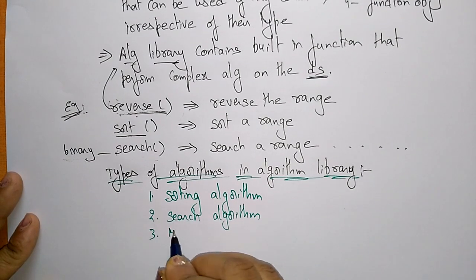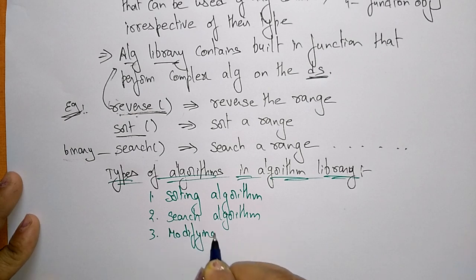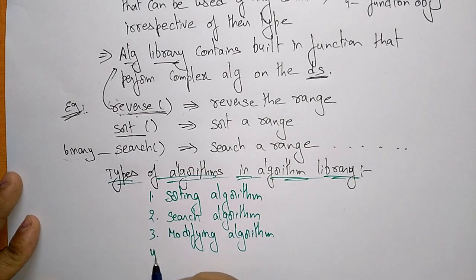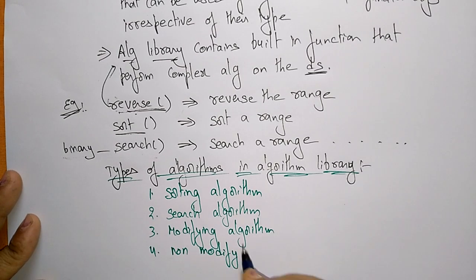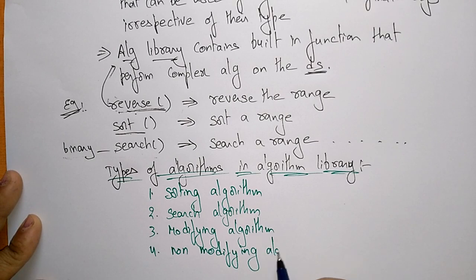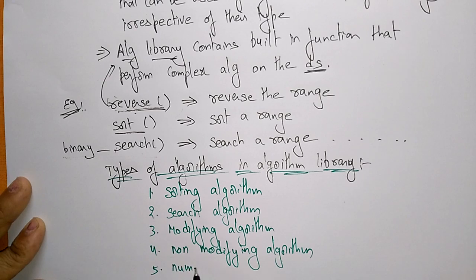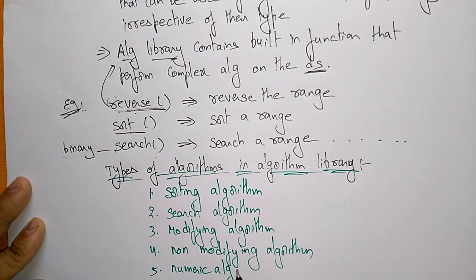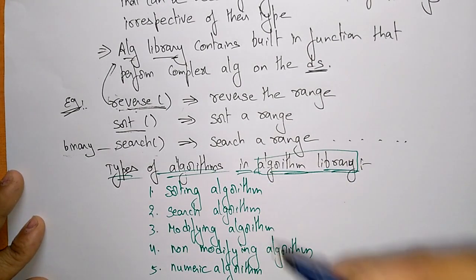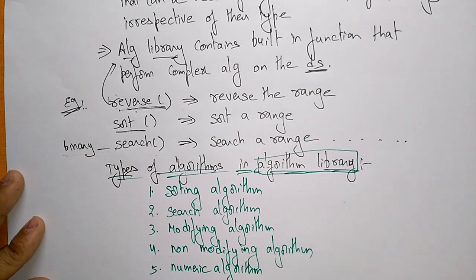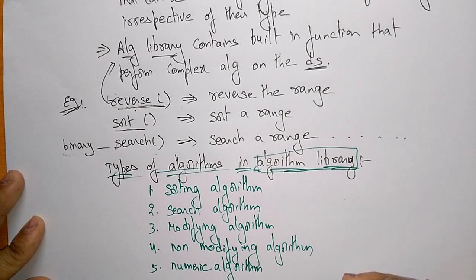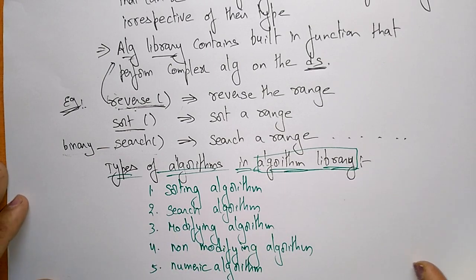Third, modifying algorithm. Fourth, non-modifying algorithm. Fifth, numeric algorithm. So these are the different types of algorithms present in the algorithm library: sorting, searching, modifying, non-modifying, and numeric. Let us see them one by one with examples.